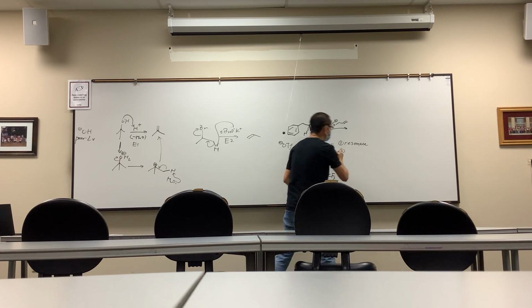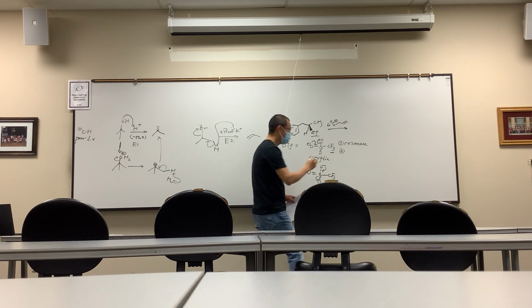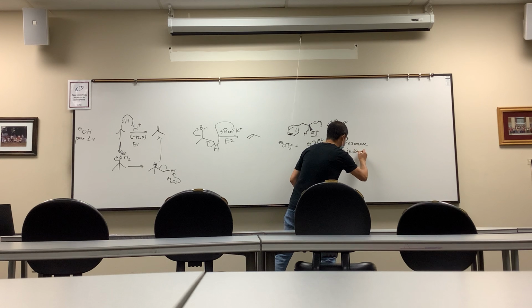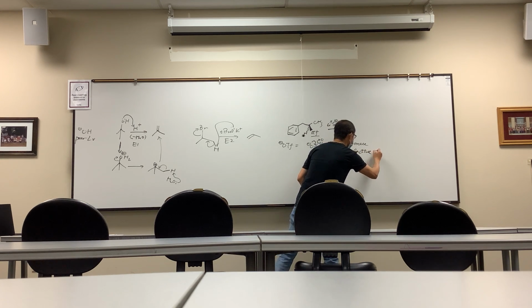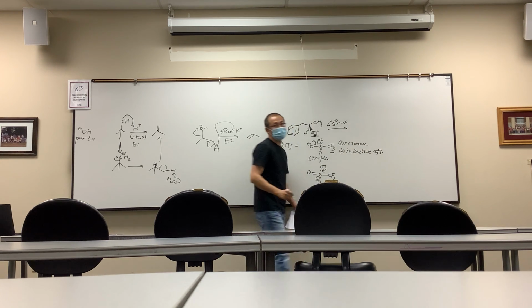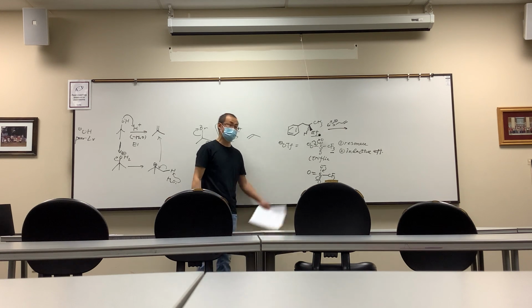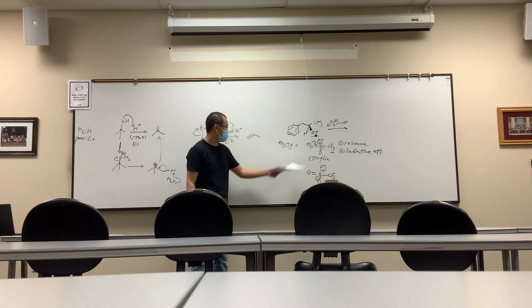The second effect we call induction, the inductive effect. This guy has both effects: first is resonance, second is inductive. Because of that, this guy is a very good leaving group.